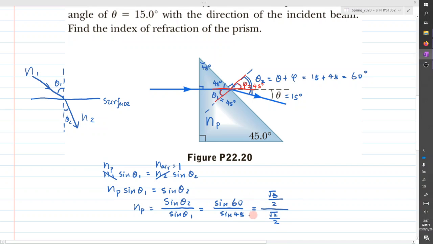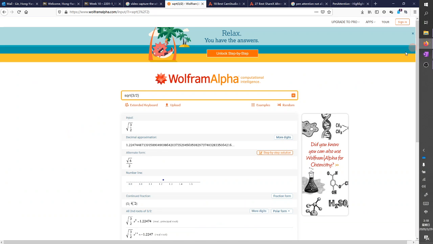These are just the values of sine 60 and sine 45; you can check that with a calculator. This is square root of 3 over 2 times 2 over square root of 2, leaving us with square root of 3 over 2.